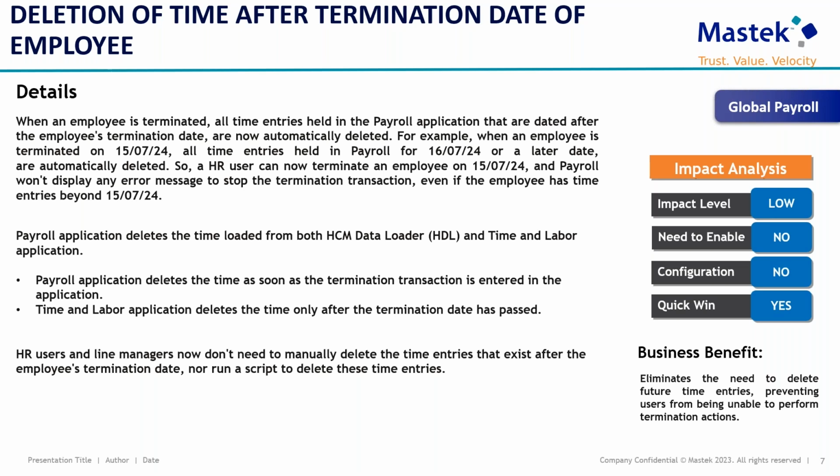So the moment HR employees add the termination date, and if there are approvals enabled for that particular transaction, once the transaction is approved, all of those entries that have been entered via either a data loader or a time and labor application will automatically be end dated or deleted considering the time frame.